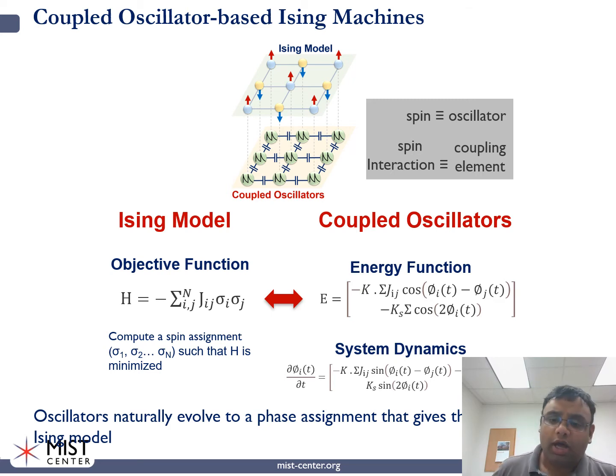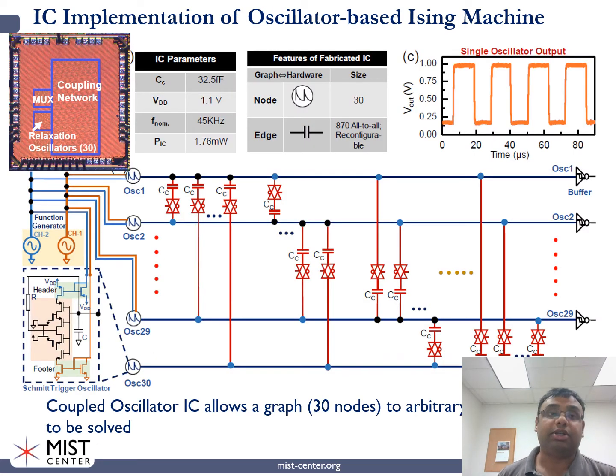Now, of course, we at our end are interested in the physical implementation of this oscillator-based Ising machine, and so we essentially built this integrated circuit of 30 oscillators with the ability to couple each oscillator to the other in a reconfigurable fashion. To achieve this, we had to start off with 30 oscillators, and these were Schmitt trigger based relaxation oscillators.